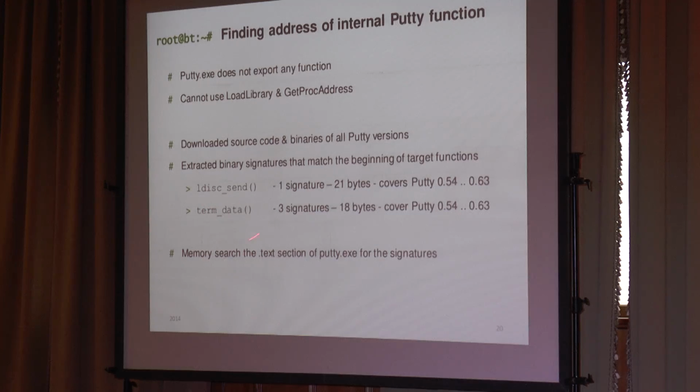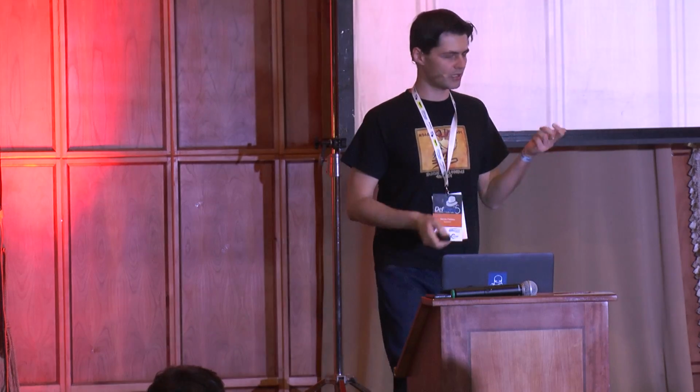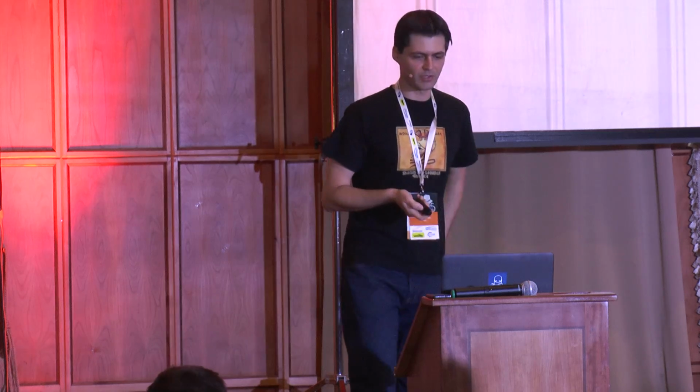Then for term data, I found 3 signatures of 18 bytes, which cover Putty versions from 0.54 to 0.63, which is the latest version. So by searching the memory of Putty.exe for these signatures, I managed to find the beginning of these functions.